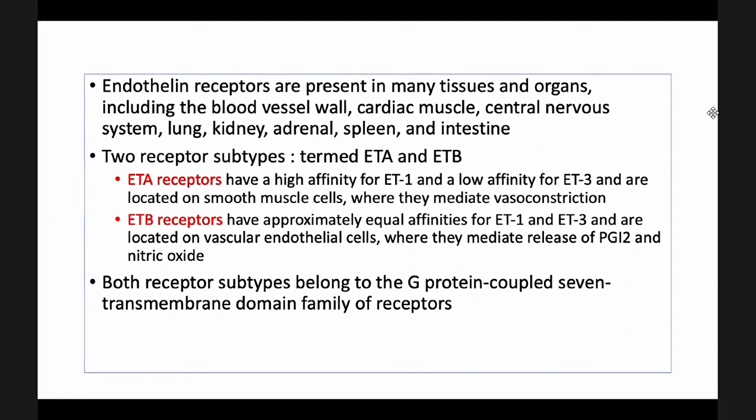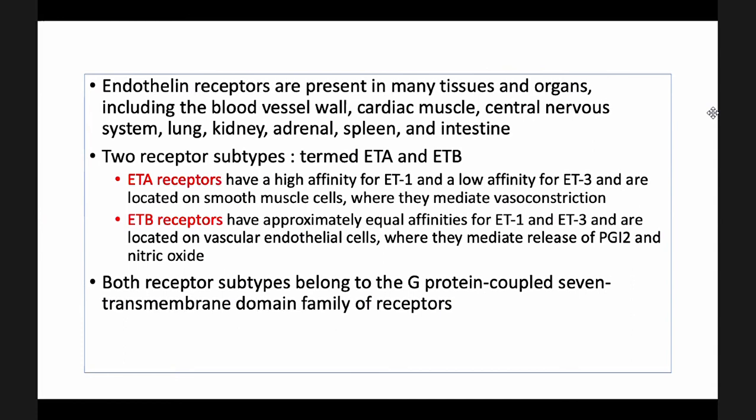So it has two receptor subtypes, ETA and ETB. ETA receptors have high affinity for ET1 and low affinity for ET3, and they are located on the smooth muscle cells, and they mediate vasoconstriction.